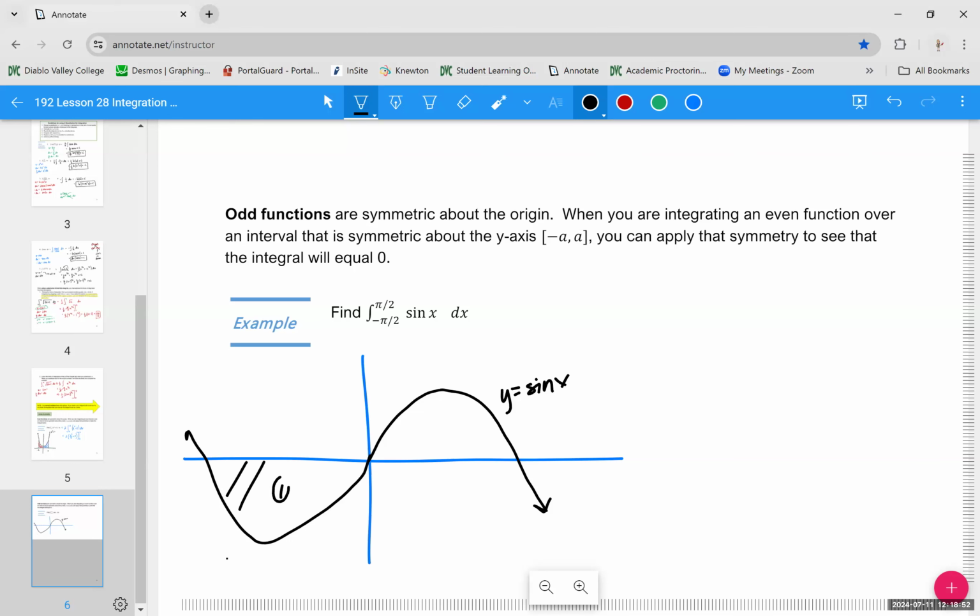This region is the same as this region. And what happens if I'm going from negative pi over 2 to pi over 2? This region is the same as this region. One's above, one's below. What does that mean? This integral is 0.